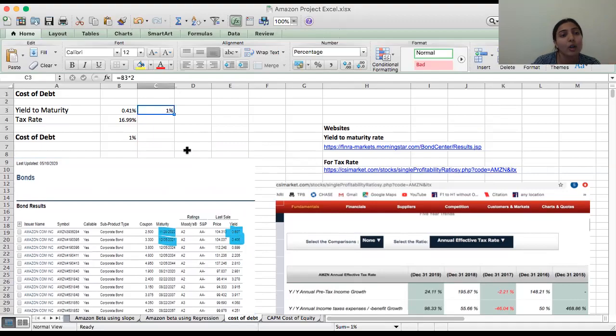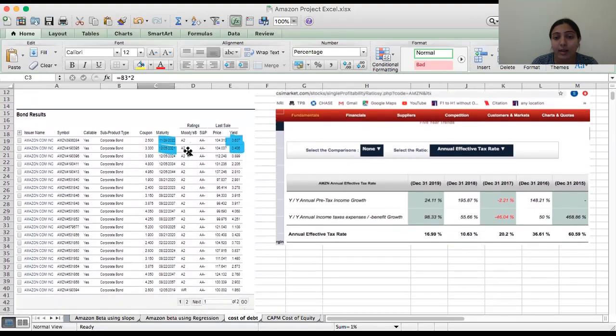And also you have to find the effective annual tax rate. The effective annual tax rate for my company is currently as of 31st December 2019, because the year 2020 is not over, so I have to use the 31st December 2019 annual effective tax rate, which is 16.99%.